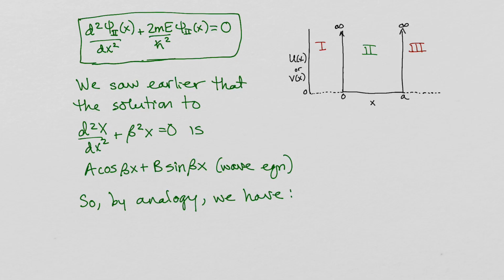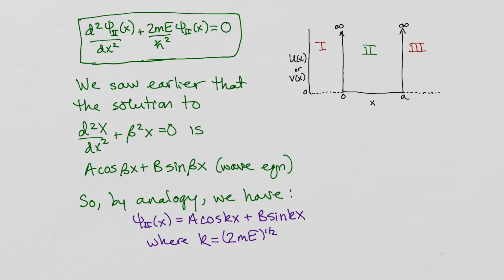Okay, so by analogy, we can say that our wave function, psi2 of x, can be written as A cosine kx plus B sine kx, where our constant k is given by (2mE)^(1/2) over h bar.